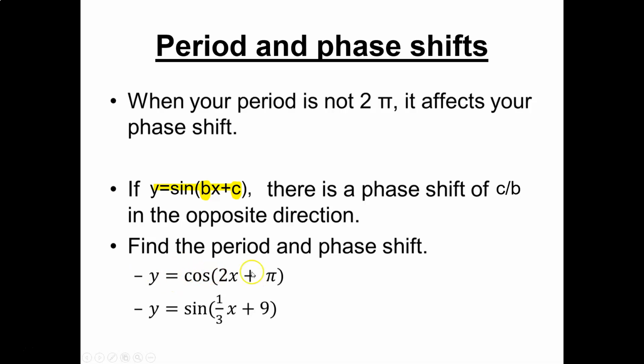So if we look at some examples here, this asks us to look at period and phase shift. Okay, so for these problems, for this first one, the period would be 2 pi divided by the B number, the number in front of your X, which is 2, right here. So my period would just be pi.